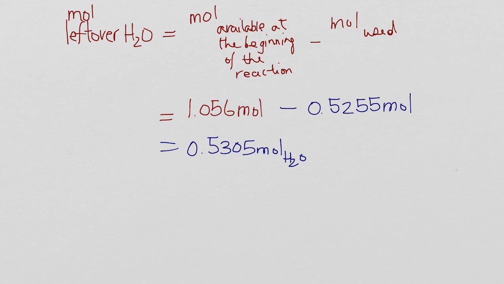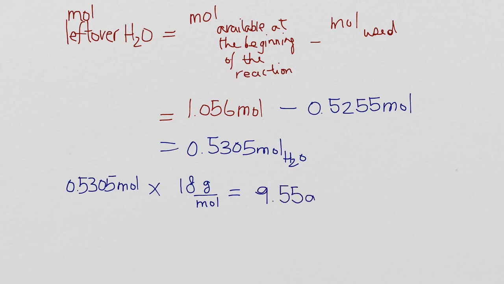But the question asks for mass, so we can take 0.5305 moles of water times the molar mass of water, which is 18 grams per mole, equals 9.55 grams.